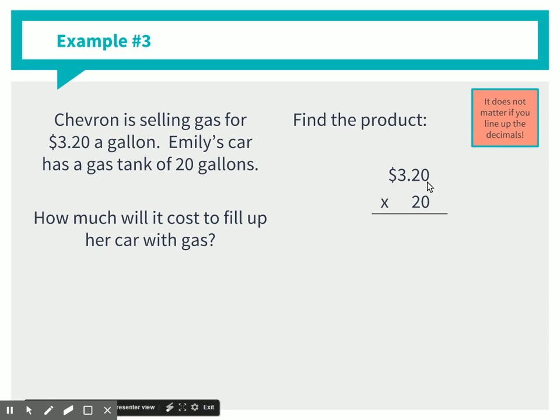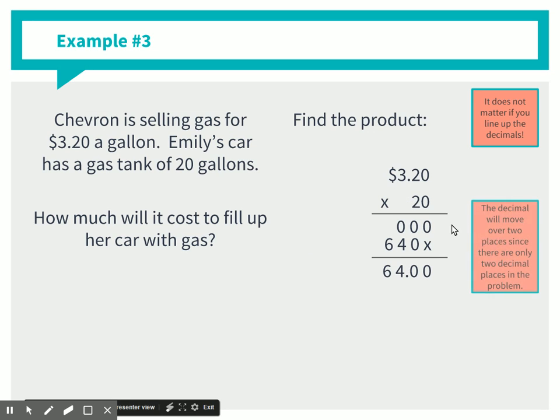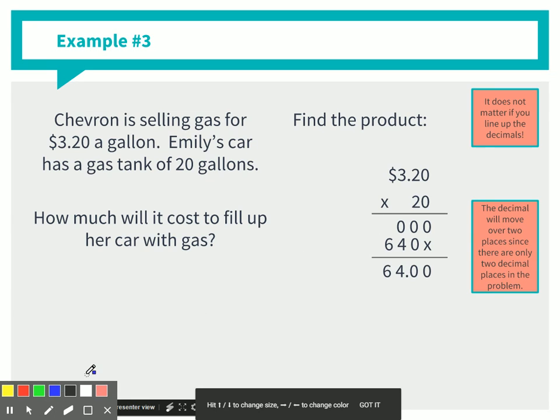So first thing, we multiply this first column right here, and everything ends up being 0. You put your placeholder and you multiply that second column, and you get 64.00. Now remember that the decimal will move over 2 places since there are only 2 decimal places. The way I kind of look at it sometimes is I start at the right side and I go, okay, there's 1 decimal and 2 decimal places.